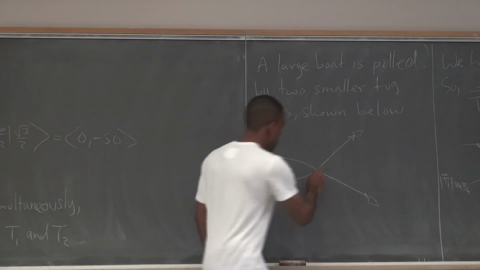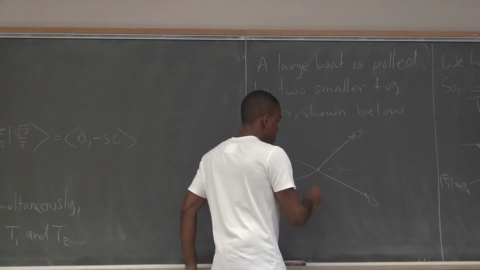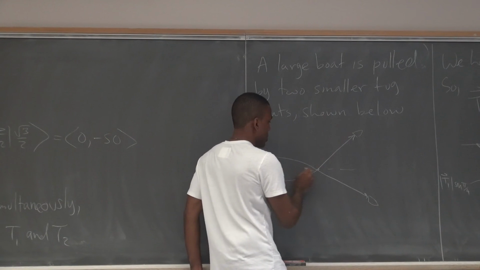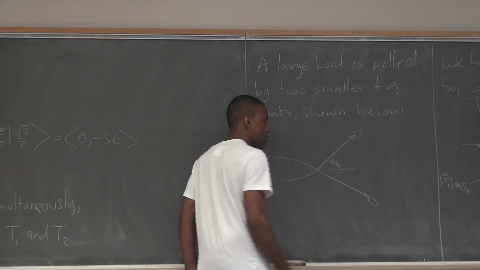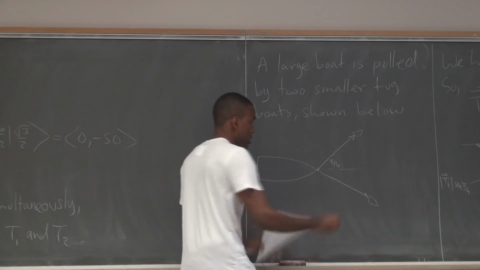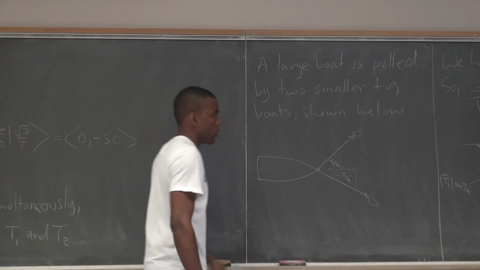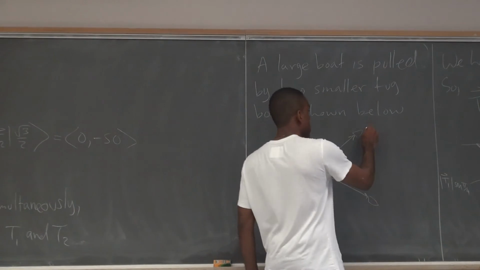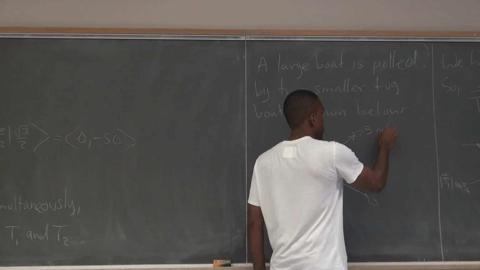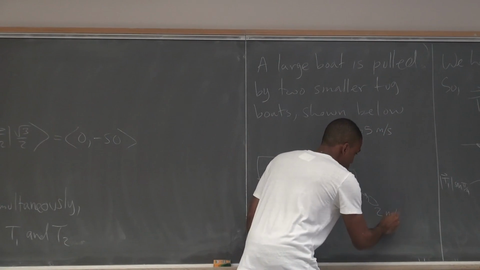If I look at the axis of the ship here, this tugboat is pulling at an angle of pi over 6, and this guy has angle minus pi over 4. I actually know what speeds they're moving at. This guy is moving at 5 meters per second. This guy is moving at 2 meters per second.